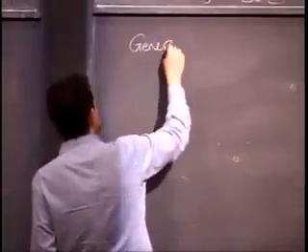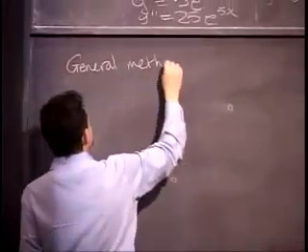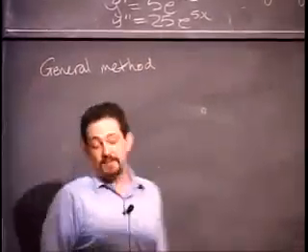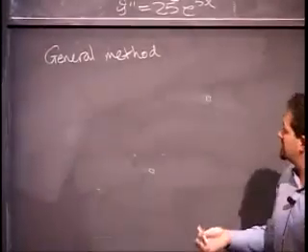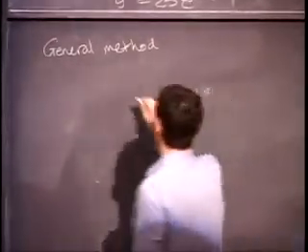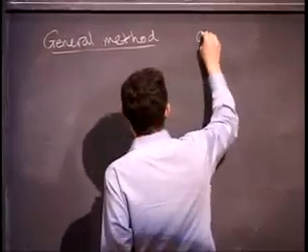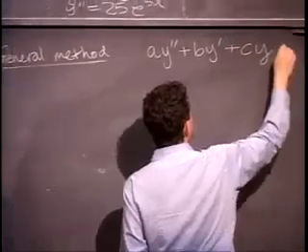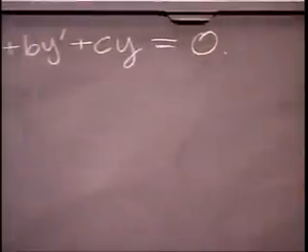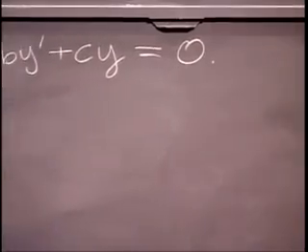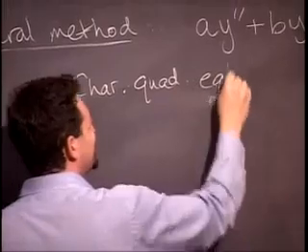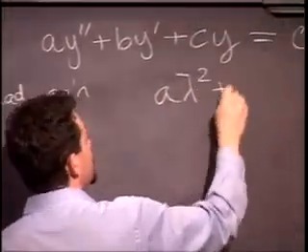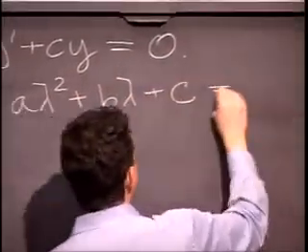So the general method is as follows. And this, I'm afraid, is something you just have to commit to memory. It's a bit annoying, but it's too finicky to develop on the fly. So you're just going to have to remember all this. You have the equation a y double prime plus b y prime plus c y equals 0. And what you do is you write down the characteristic quadratic equation, which is a lambda squared plus b lambda plus c equals 0.